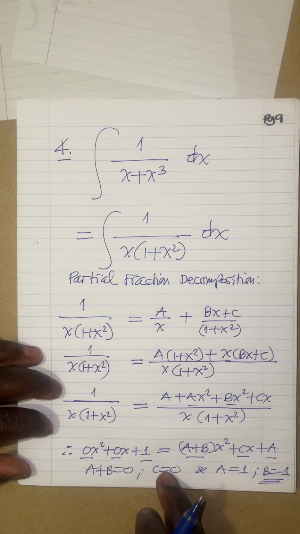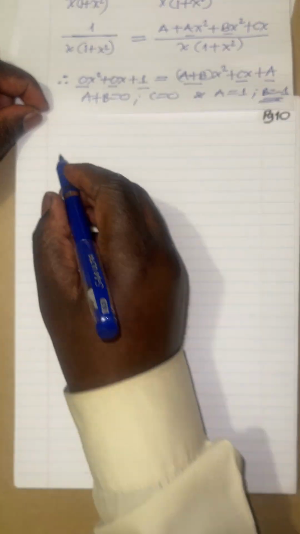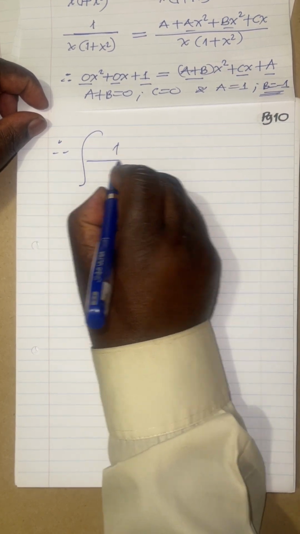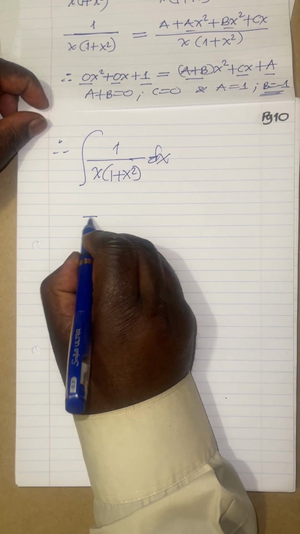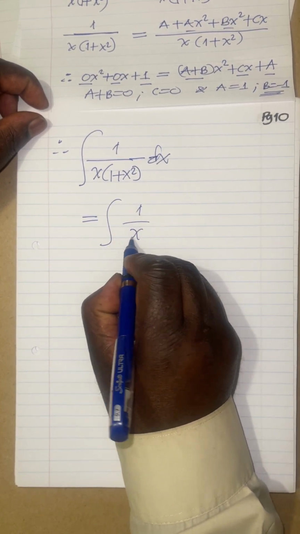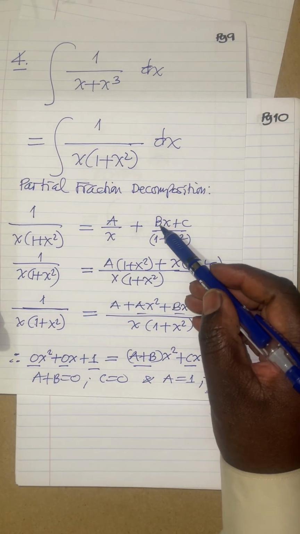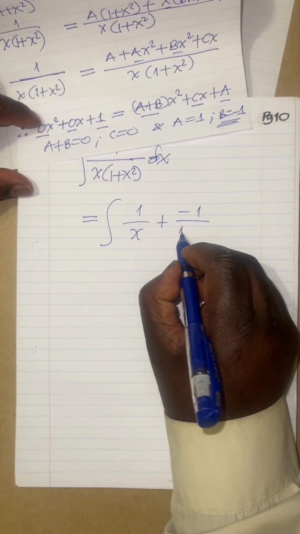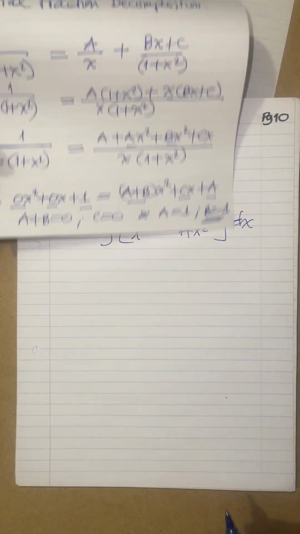Now we take these 3 values and rewrite the integral as follows. Our integral of 1 over x(1 plus x squared) dx simplifies to the integral of 1 over x, remember a equals 1, plus (minus 1, since b equals minus 1 and c is 0) all over 1 plus x squared, all integrated with respect to x.